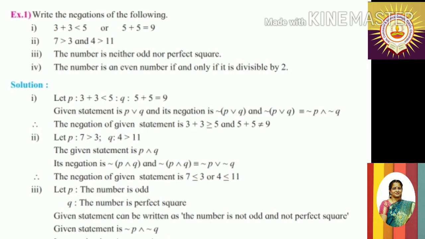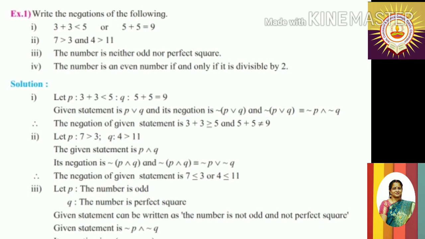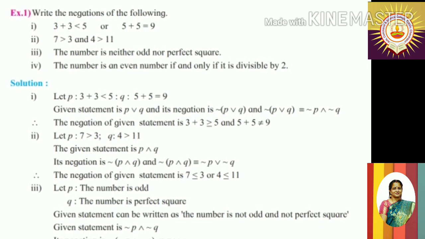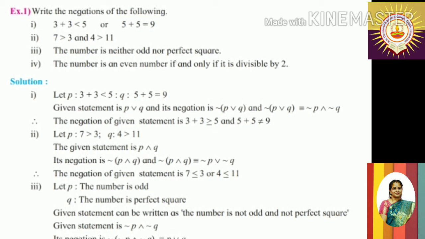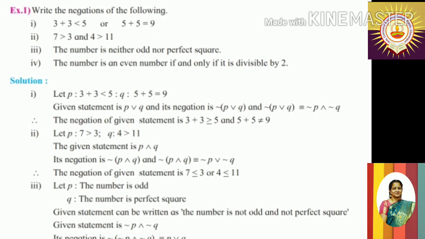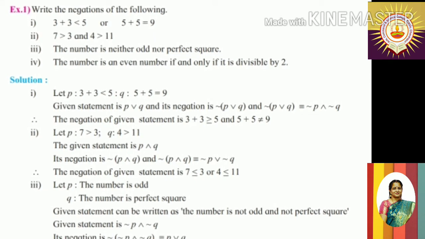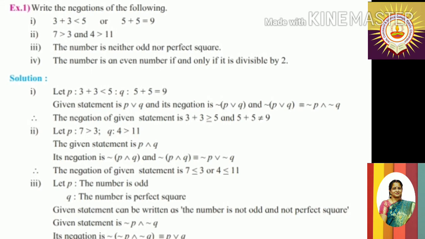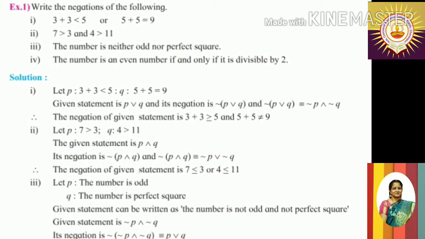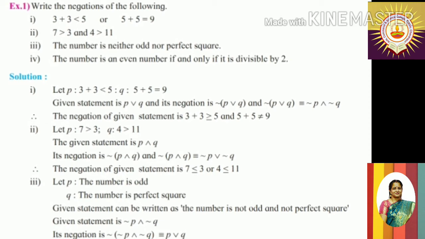Let us see the examples of negation of compound statement. From page number 16, your first example is 3 plus 3 less than 5 or 5 plus 5 is equal to 9.